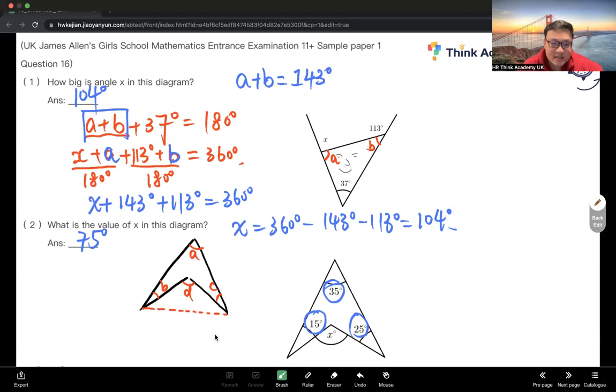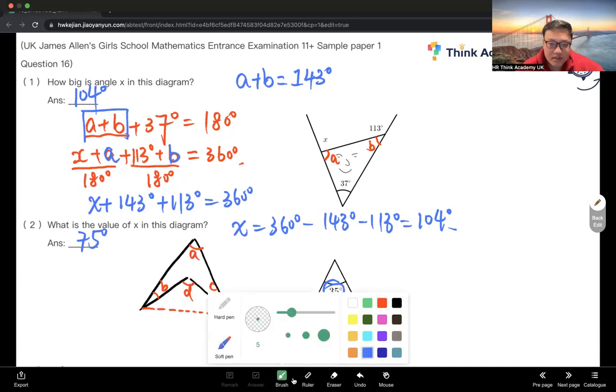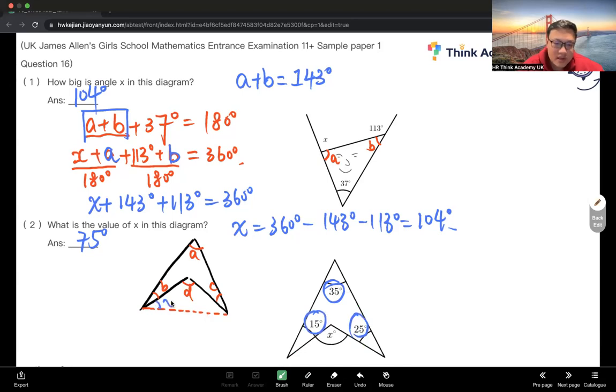You can use X and Y to help you because you have two unknown angles, X and Y. So in this shape here, you've got two triangles, right? For one of them, you have A plus B plus C plus X plus Y equals 180 degrees. Does it make sense?